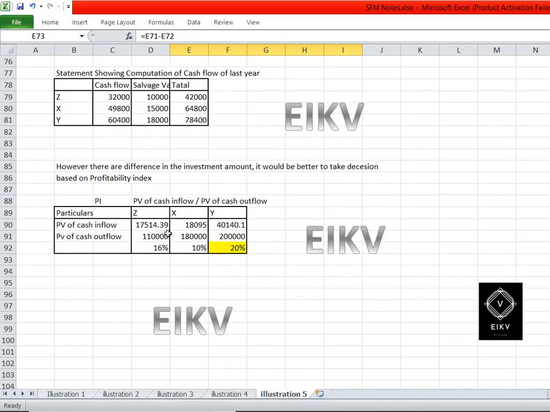Divided by the investment value, which is 1,10,000, 1,80,000 and 2 lakh respectively from the question, we get 0.16 for machine Z, 0.10 for machine X and 0.20 for machine Y. So from this profitability index ratio, we can select the best machine as machine Y.